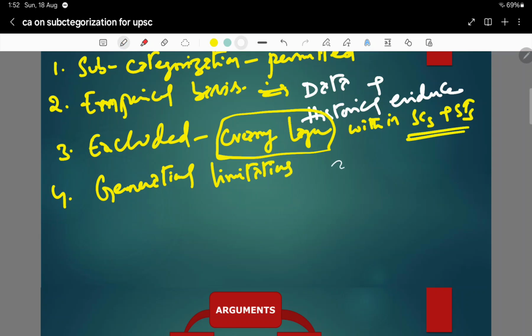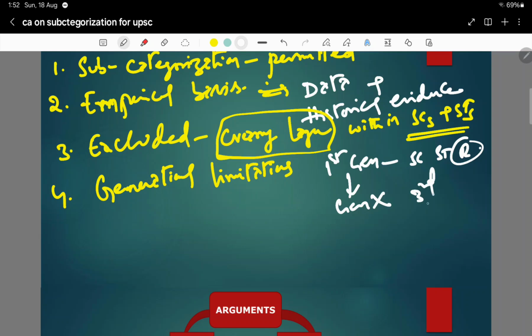It means if the first generation has SC and ST reservation, then the immediately following generation will not have this, and the third generation may have it, so that reservation benefits are restricted, preventing prolonged reliance on quotas for families who have achieved social mobility.